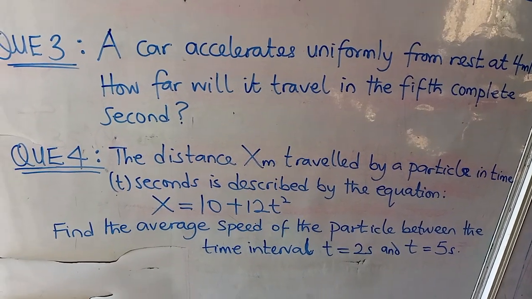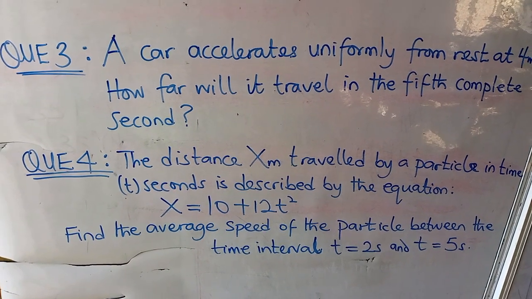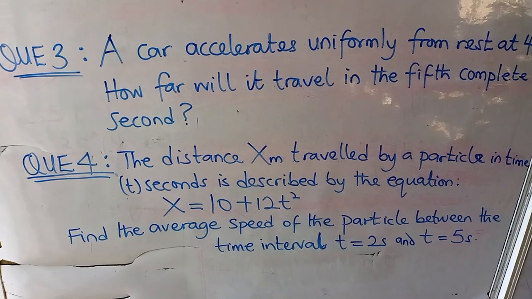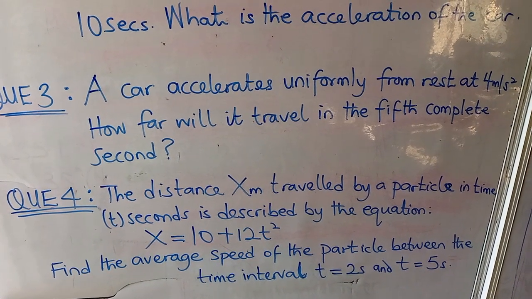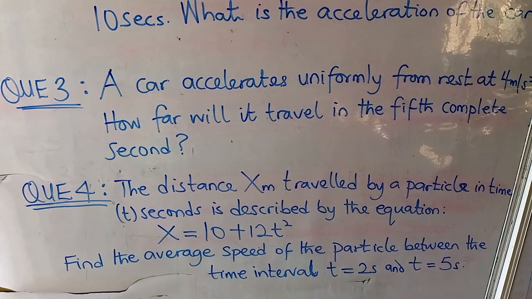Find the average speed, and you know speed is distance over time. Find the average speed of the particle between the time interval t equals 2 seconds and t equals 5 seconds. I think this question 4 is like question 4 in the examples that we've considered.